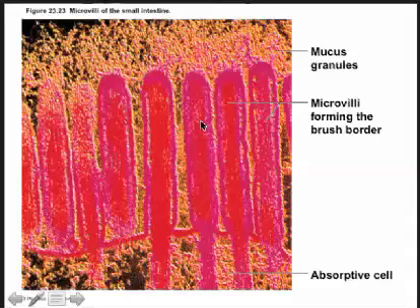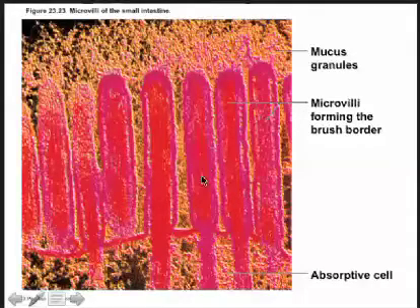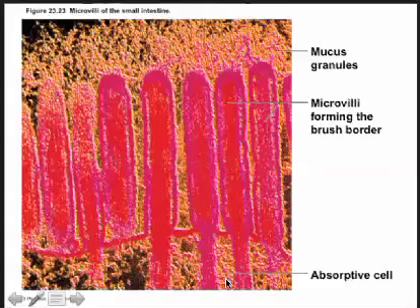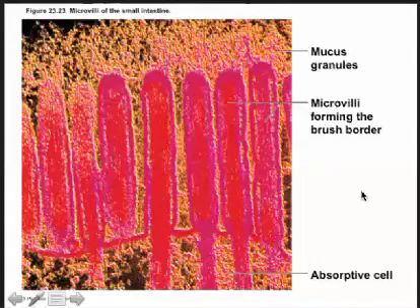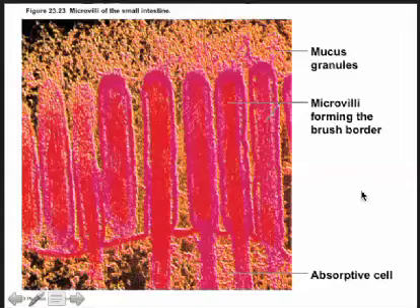We've got the plicae circulares, which are the ridges that make up a lot of the grooves and infoldings that line the small intestine, and then we've got the villi that line those plicae circulares, and then here we've got the microvilli that line the villi. So you've got now 4 levels of increasing surface area that are going to help in the digestive process.